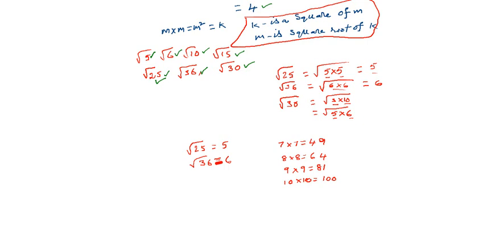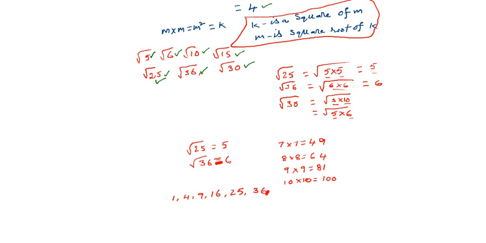That means from the beginning of the natural numbers: 1, 4, 9, 16, 25, 36.